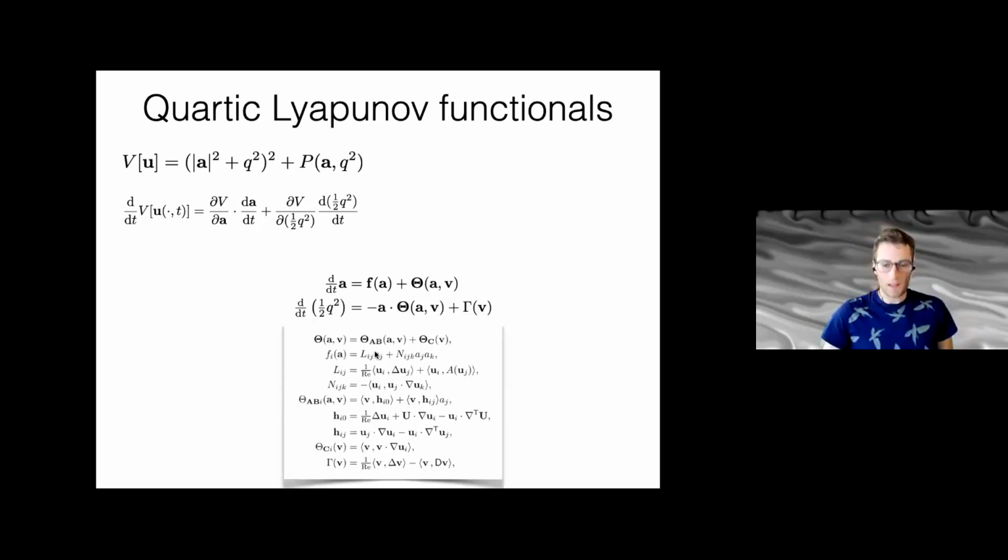So let me just say that the expressions for the time evolution of the A vector, which is finite, and the energy of the tail, take the following form, where if I unwrap all these symbols, I get what's in this box. And we don't really need to look closely at it except to say that this is fully explicit, as long as you can take Laplacians and compute integrals, which you can do semi-analytically with a little bit of help from a computer, that this is a fully known system.